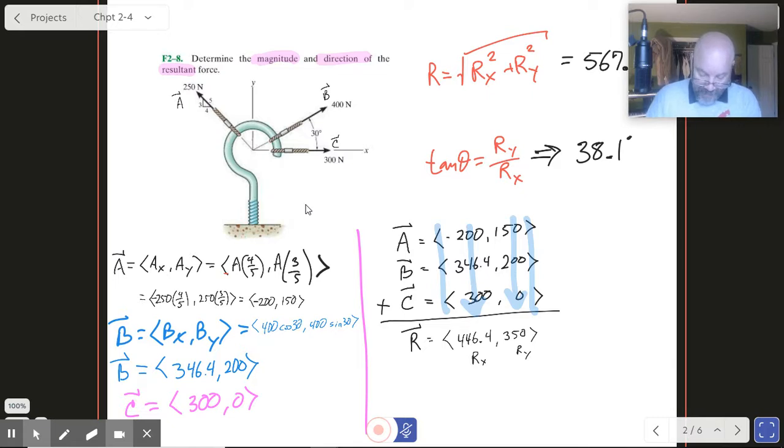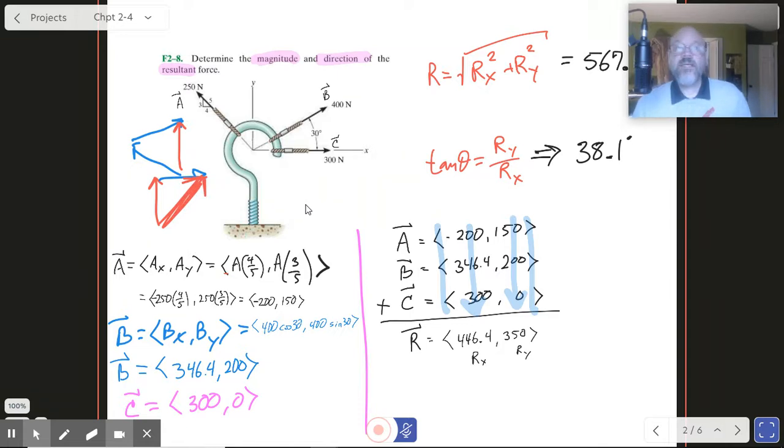We'd have to take A and add it to B. And then that's going to give us some intermediate resultant. And then we'd have to take that intermediate resultant and add it to C to get the ultimate resultant. Like that. So it would be a two-step process.